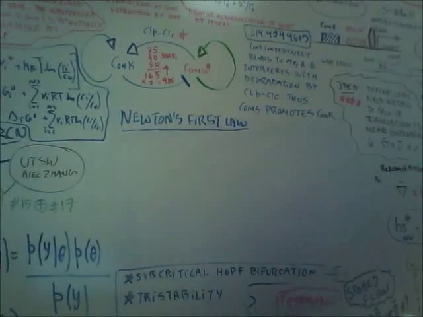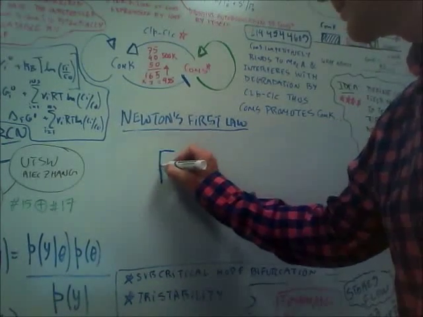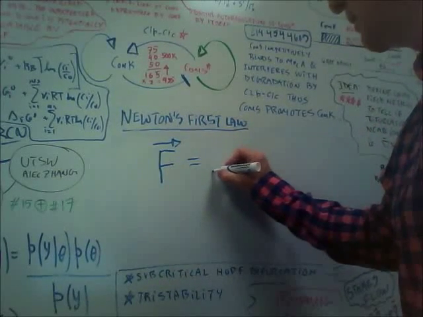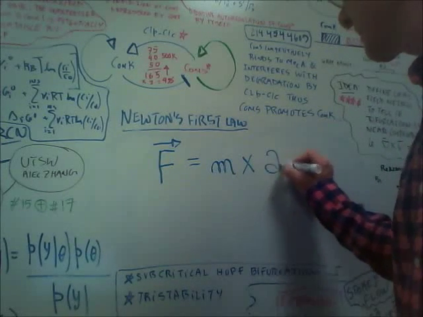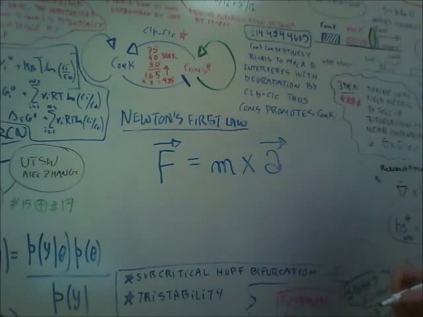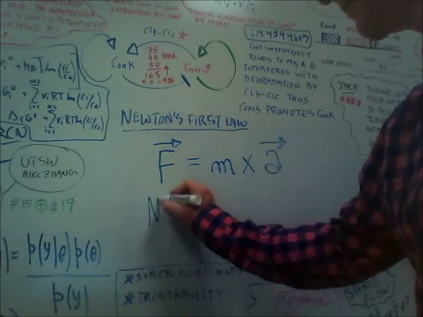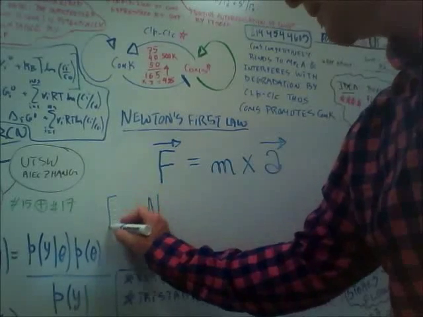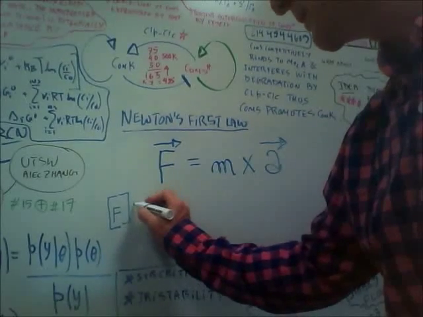Okay, now I want to talk about units. So again, the force, a vector, is equal to the mass, a scalar, times acceleration. So the unit of force is called the Newton. I think you have learned in classical mechanics that you write units like this.